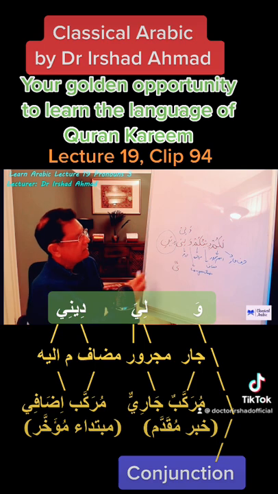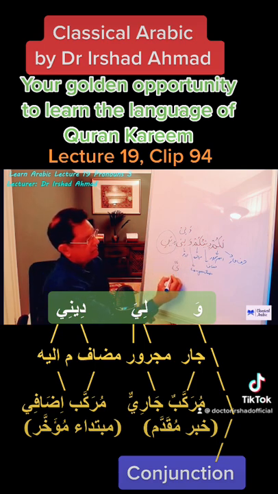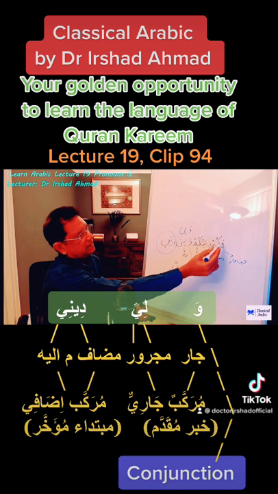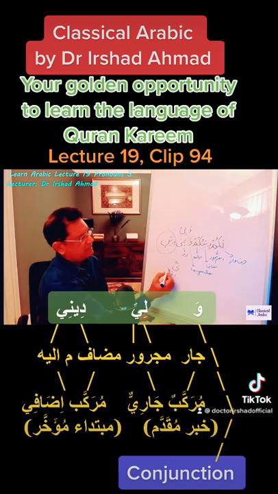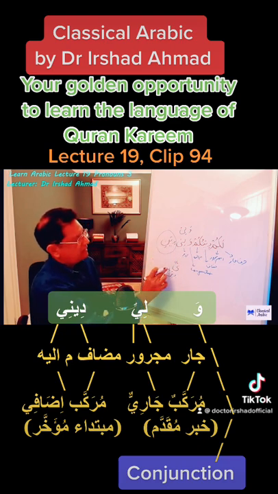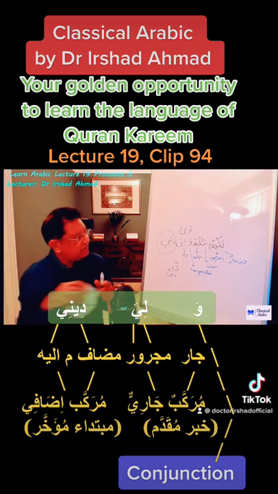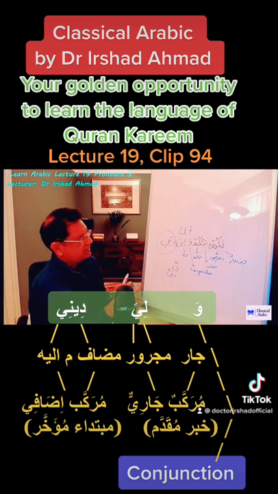The actual word is deen, religion or way of life, deenun. And when we write it as mudaf ilayh, it loses its tanween, so it becomes deenu rather than deenun. If we do not write the tanween, we just write dhamma.